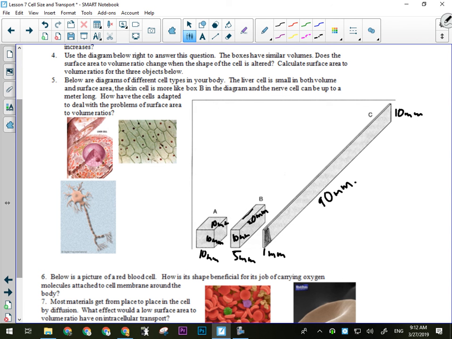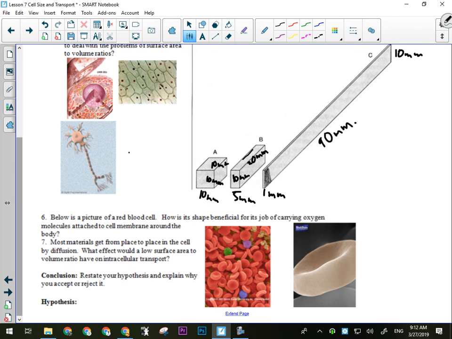But how thin is it? Very. It's more like C, because in order to feed these cells, blood vessels run along the spine. It's not trying to transport something from that end to that end. It'll transport it this way. So you've got to talk about that. How does shape affect what they do?